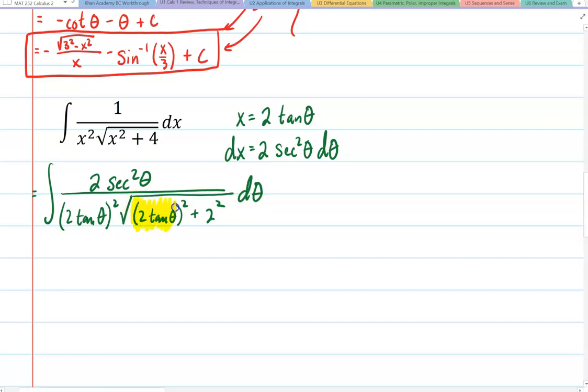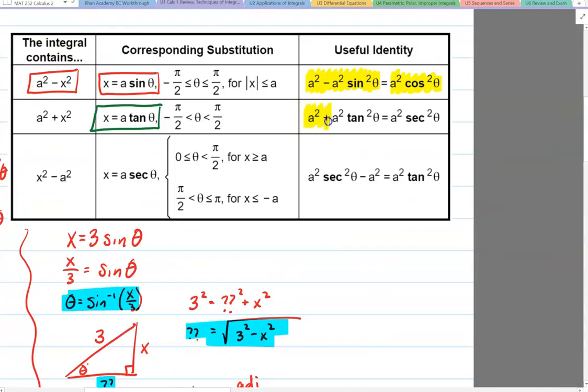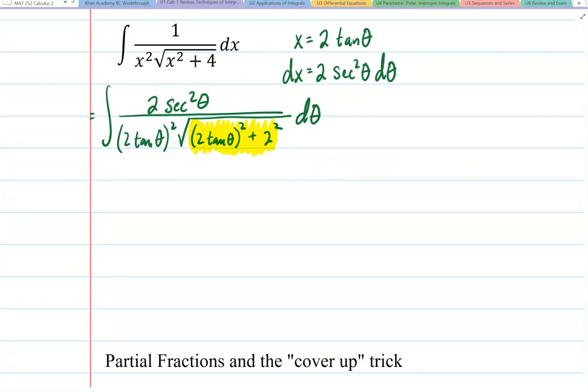This expression is an identity that's helpful to us, and that's reported in this nice summary box. By the way, this box came from Math Excel, so you can thank them for putting it together for us. When we see 2 squared plus 2 squared times tangent squared, we can replace that with 2 squared times secant squared. So this element inside the square root symbol is going to be replaced.